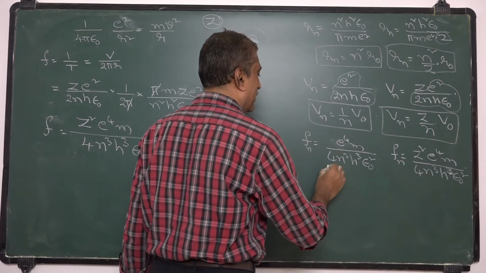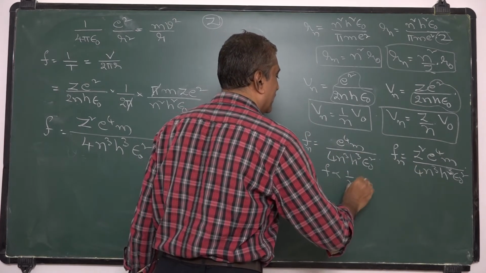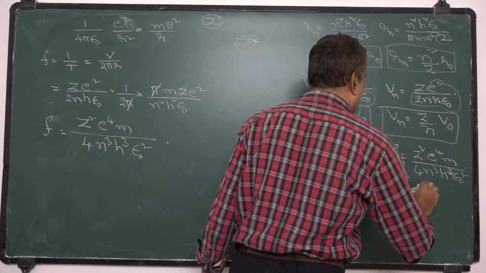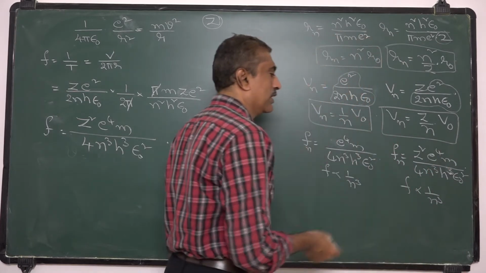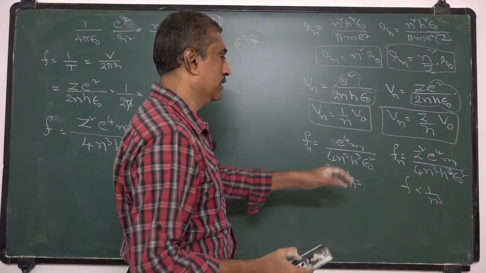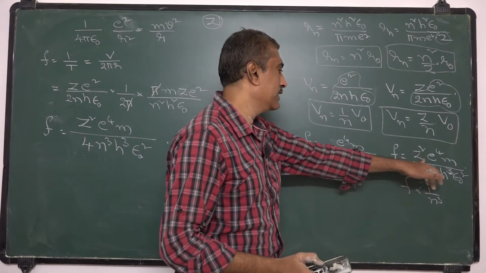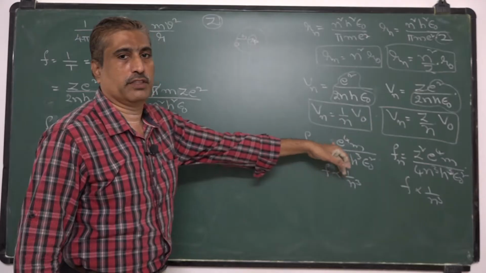Here f is inversely proportional to n cube and here it is also proportional to n cube. But the only term different is here we got Z square, here there is no Z square.